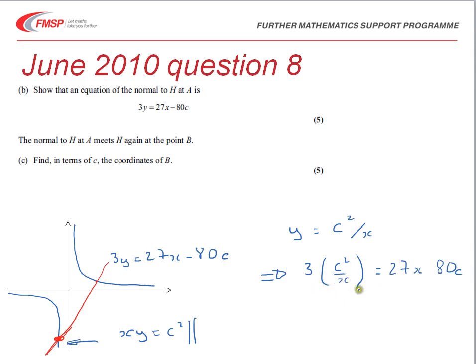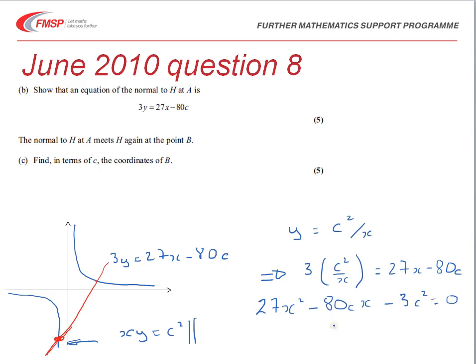multiplying by x and rearranging it as a quadratic, 27x squared, so multiplying here by x to give 27x squared. The x term comes from the minus 80c, so minus 80c times x, and then finally minus 3c squared is equal to 0.